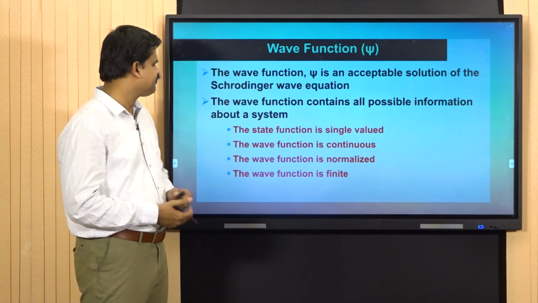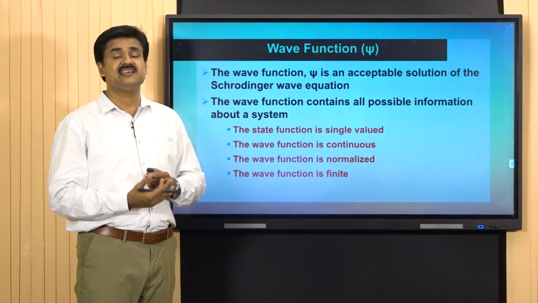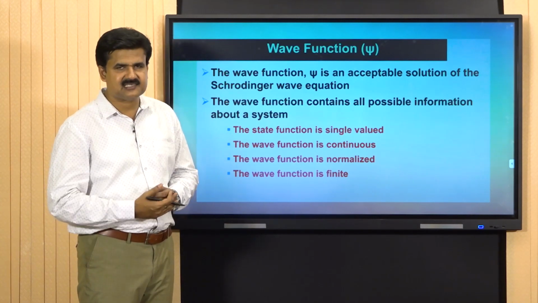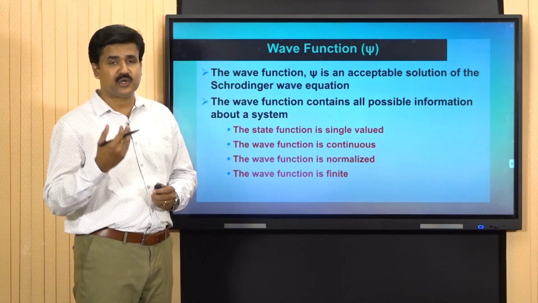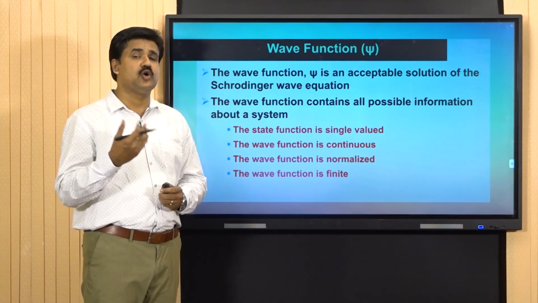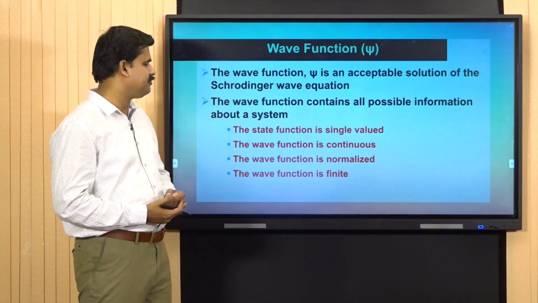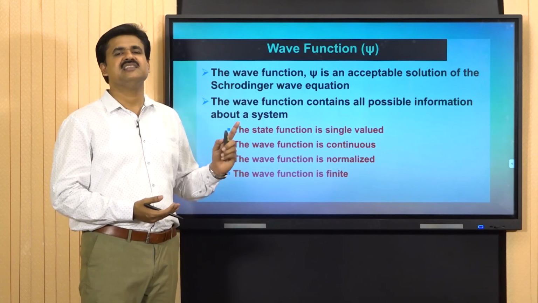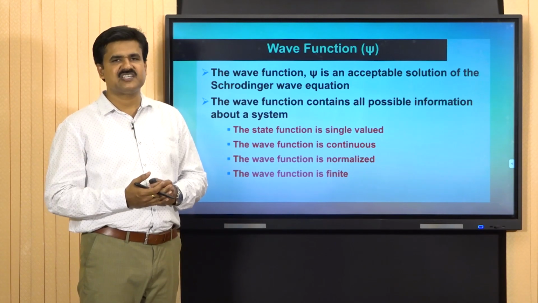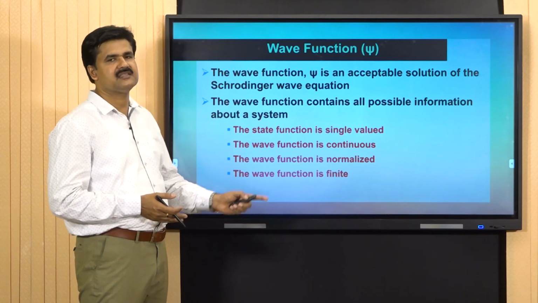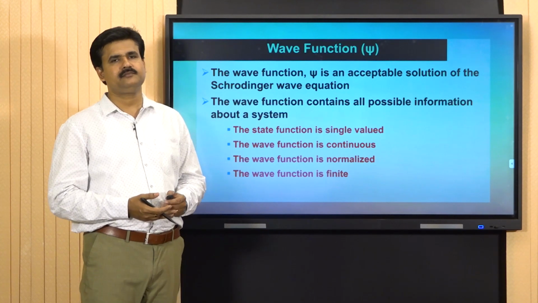And the wave function is normalized. We already learned the condition for normalization as integral psi star (r,t) psi (r,t) d tau equals unity. If it is not normalized, it should be normalizable. And the last peculiarity, the wave function is finite. Thus, the wave function psi is associated with these four important properties.